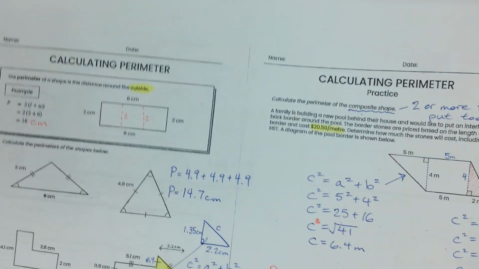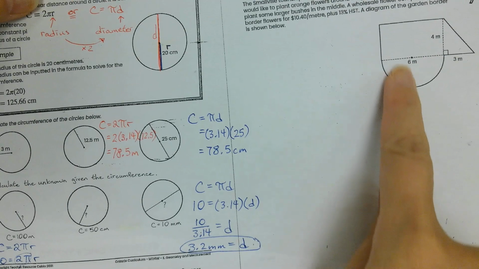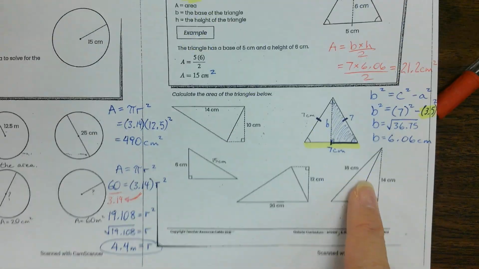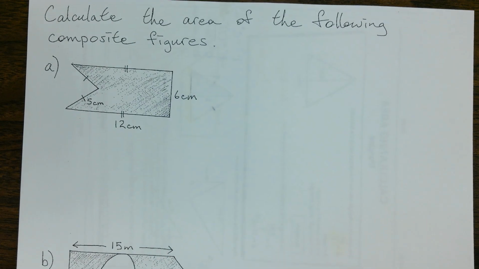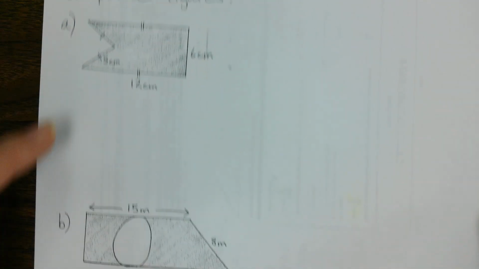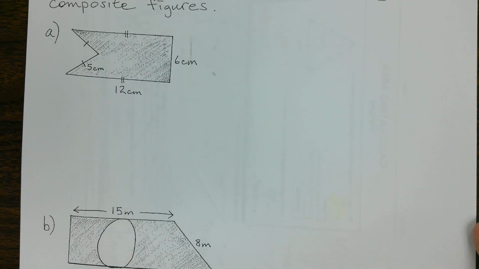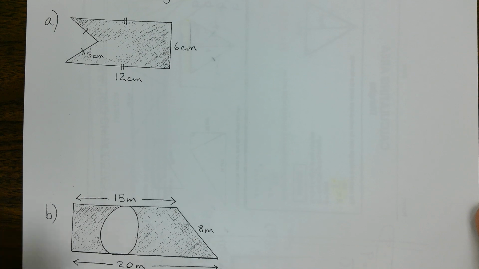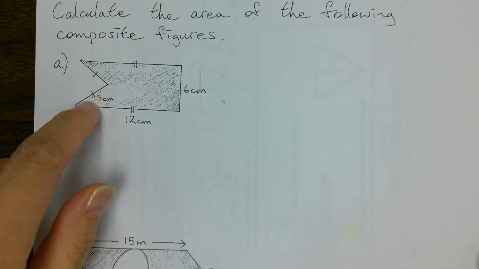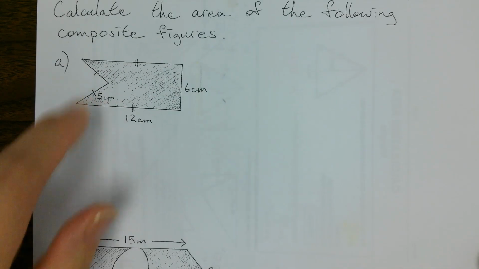So any questions that we didn't do? Any questions that we skipped? So like for example, this one, these ones, okay? And especially these 2 right here. You have to know how to calculate the area of composite figures. Alright. What's the easiest way to do this one?